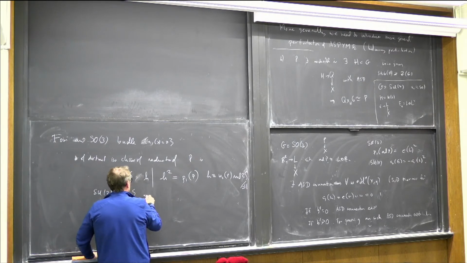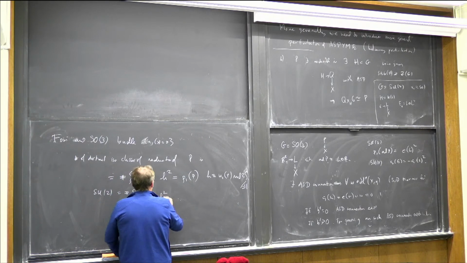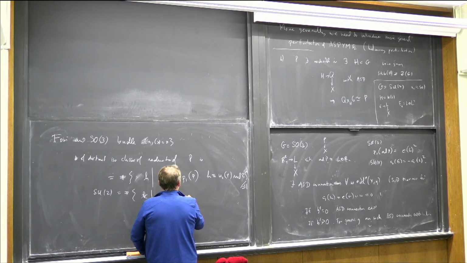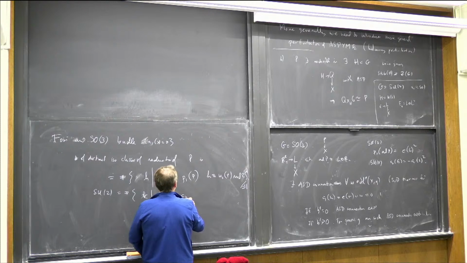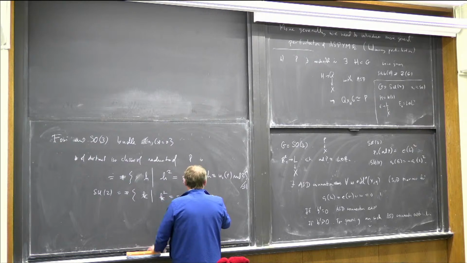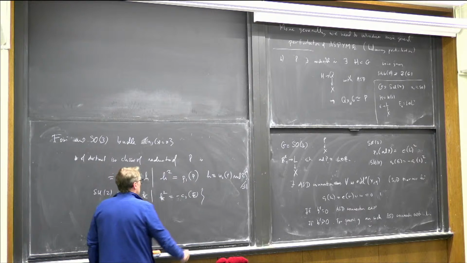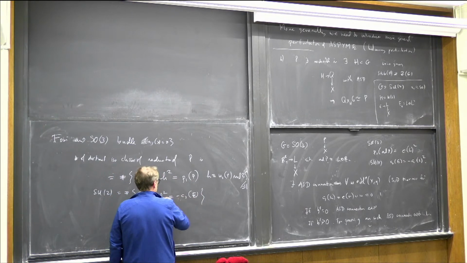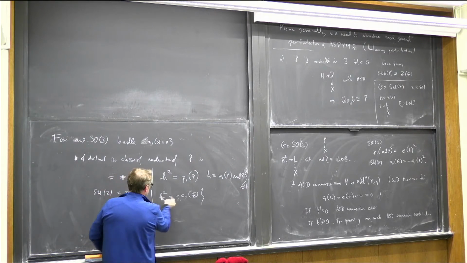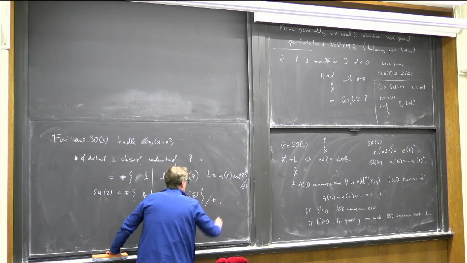It's the number of classes k, so that k squared is C2 of E, and, well, there's no constraint. There's no W class anymore because it's simply connected in this case. Mod plus or minus 1.